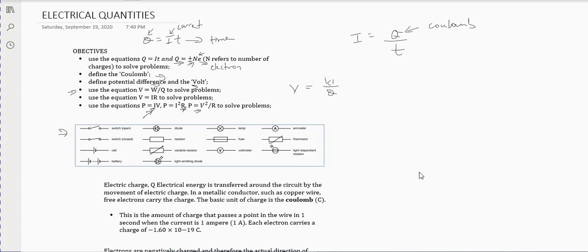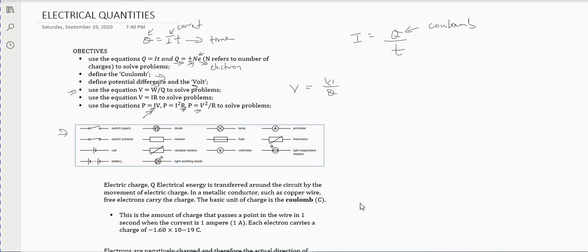Now, those charge carriers have a specific unit, and as we made mention earlier, the unit for that is coulombs. The symbol, as you can see on the screen, is a capital C. Coulombs can be defined as this.